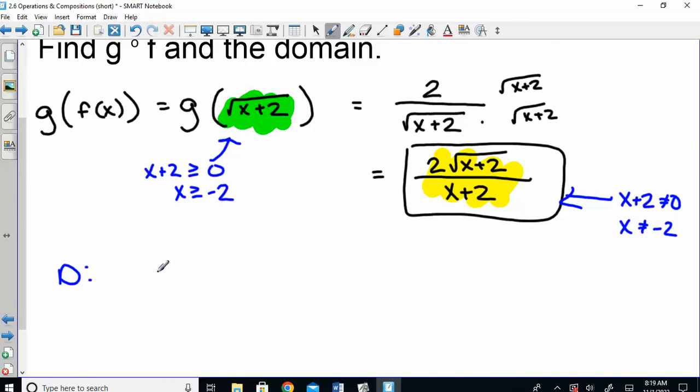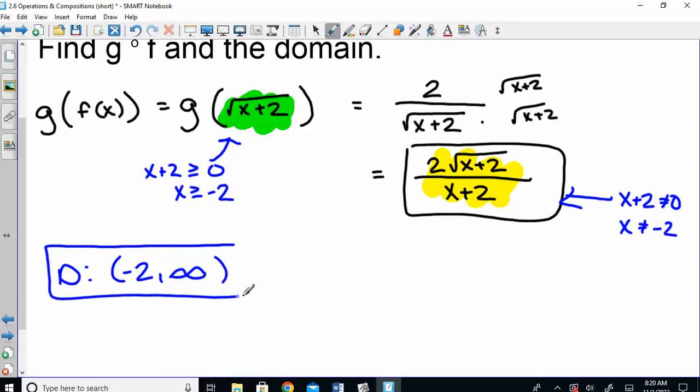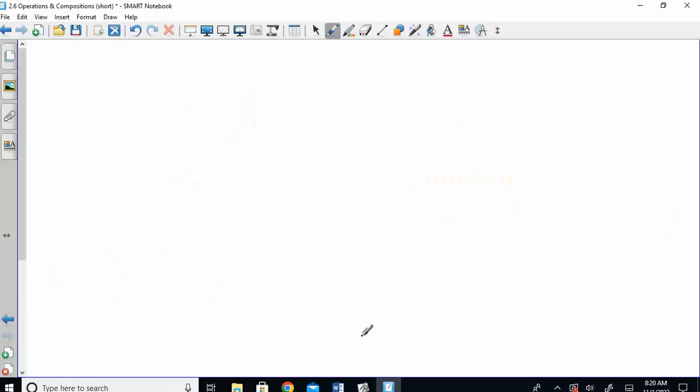This one was greater than or equal, but it can't be equal, so if you just take away the equal to, it's x is greater than negative 2. So negative 2 to infinity. Is this okay? So there is a Math Excel assignment.